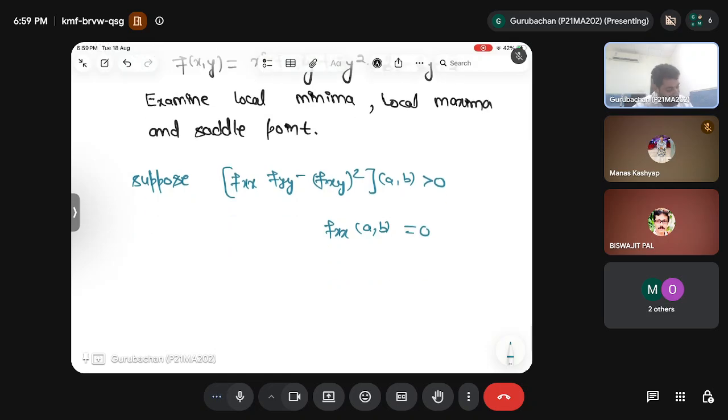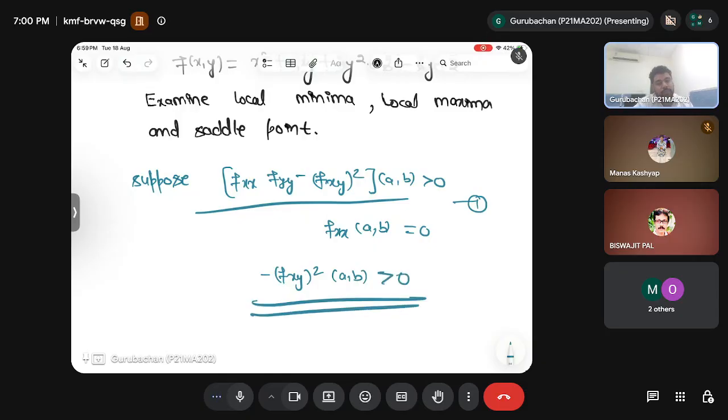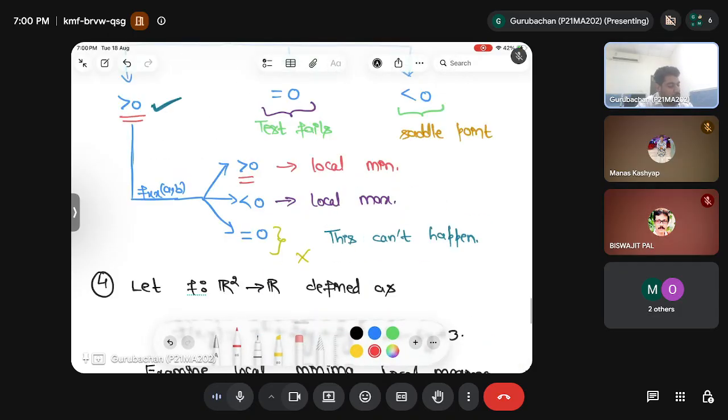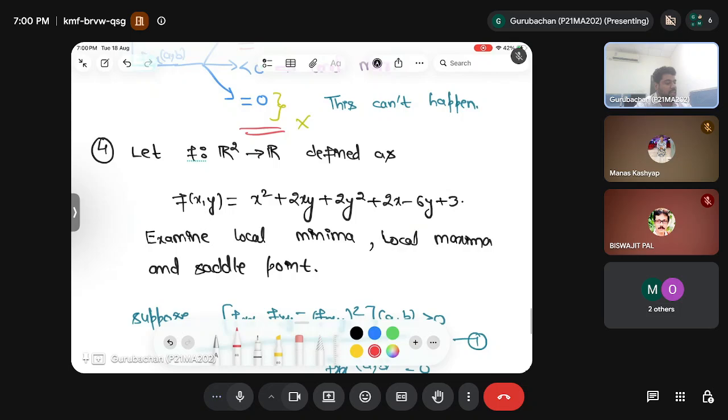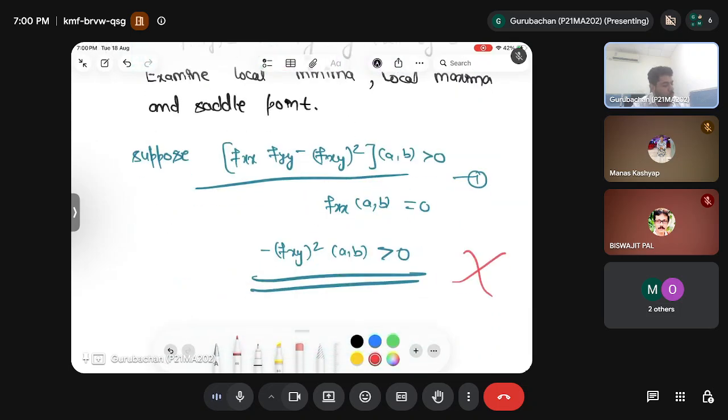Then from this equation number 1, minus fxy square at (a,b) is greater than 0. Will it be possible? No. So this case will not occur. There are only two possibilities for fxx: greater than 0 or less than 0. That will decide the local minima or local maxima.